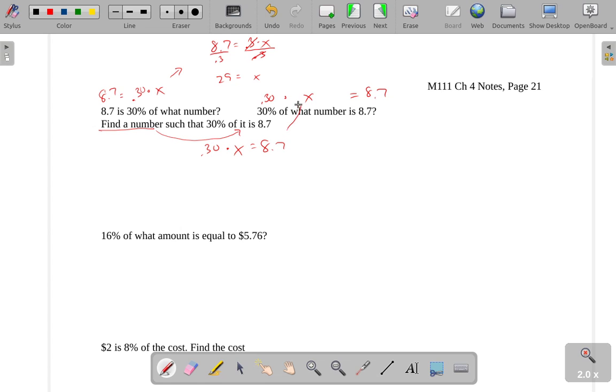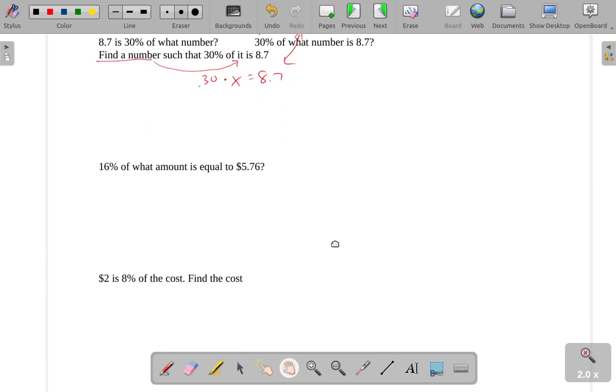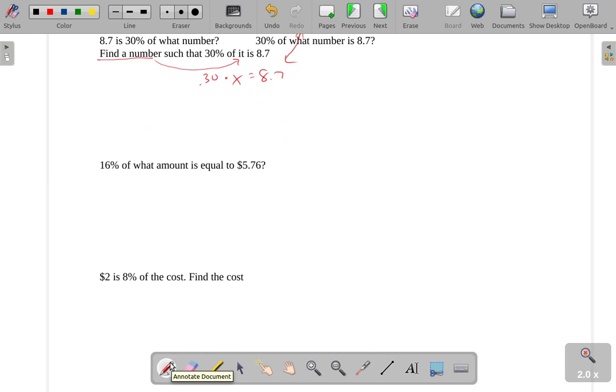You can see that's the exact same as my translation there. A lot of this is just trying to figure out what's meant by the English that's being used. I think math gets a bad rap, especially when it comes to word problems. It's not the math that's unclear, it's the English that's unclear most of the time, in my opinion.